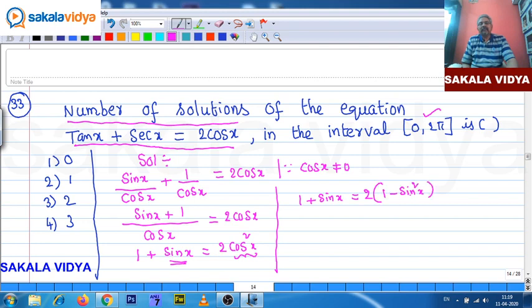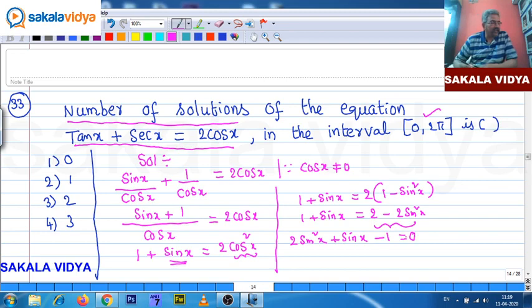Please observe each and every step. 1 plus sin x equals 2 minus 2 sin square x. Bring these two terms to the left hand side. We have 2 sin square x plus sin x minus 1 is equal to 0. So let us factorize it now.